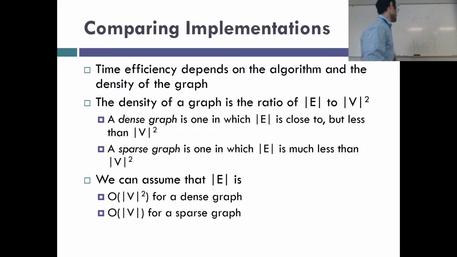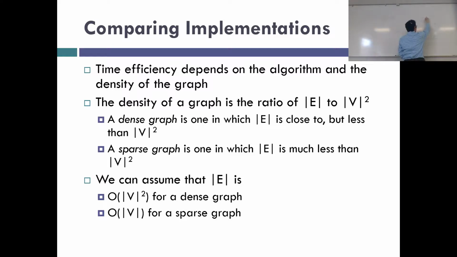Now, adjacency matrices list all of them explicitly. Either that edge exists or doesn't exist, right? But we'll use this as whether or not we have a dense graph or a sparse graph. Dense graphs are ones where basically most of these would exist. So something like a clique, where all the things in here would be 1 or close to 1, right?